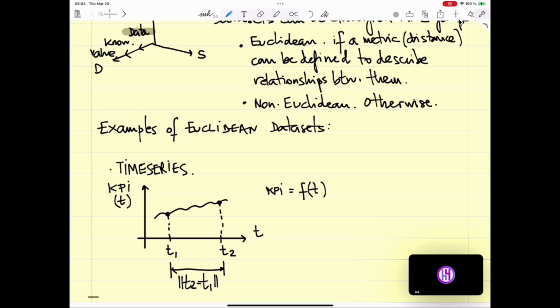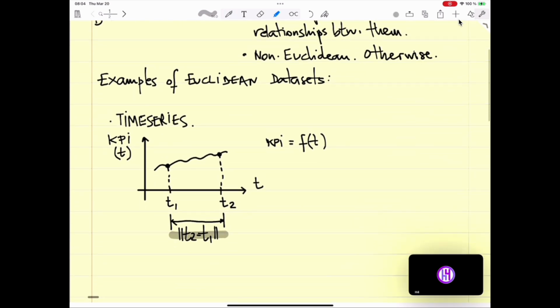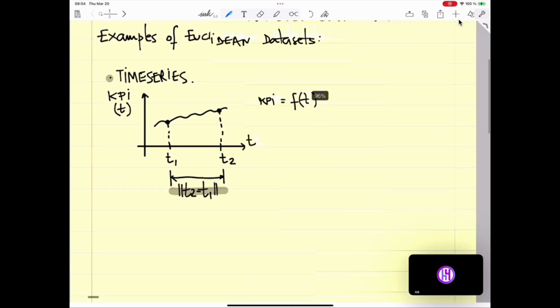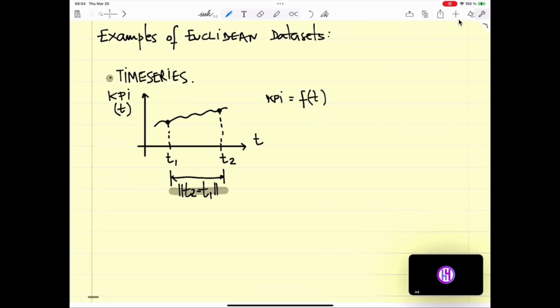This is an Euclidean KPI because we can measure the distance between two time points. Time series is one-dimensional, just one dimension. So the second example is a black and white image.